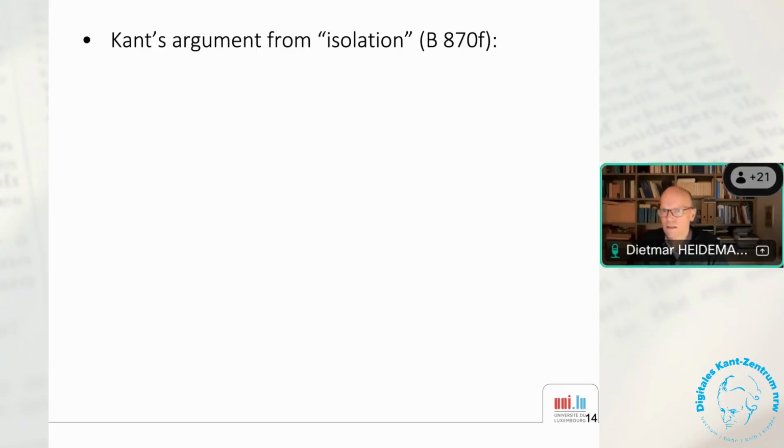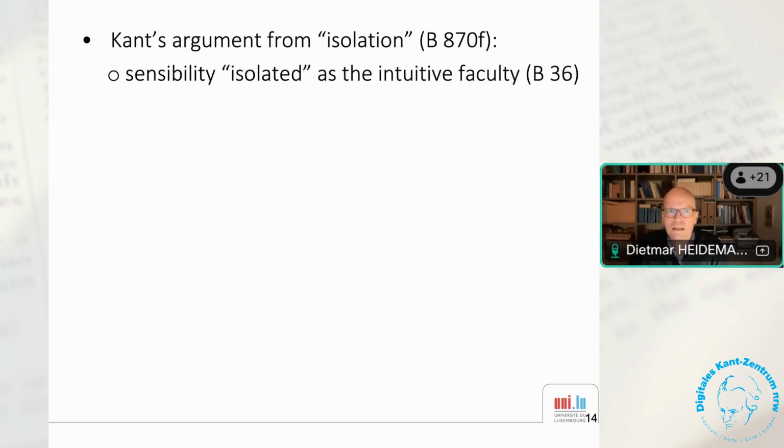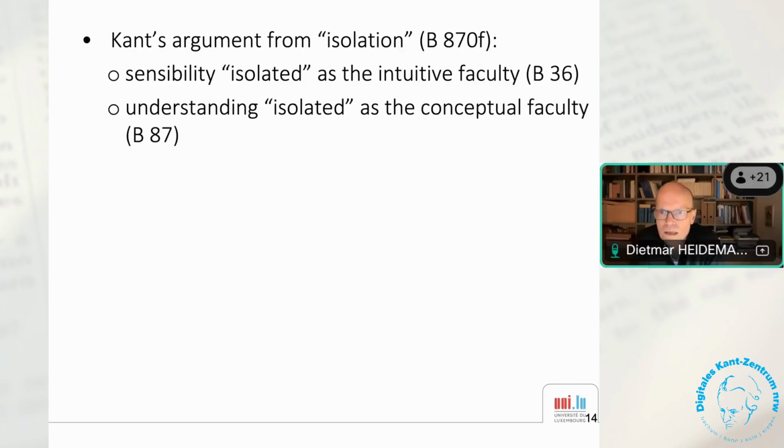There's a threefold isolation, as I've already mentioned, in the Critique of Pure Reason. The first one is the isolation of sensibility in the transcendental aesthetic, B36. Sensibility is isolated there, Kant says, as the intuitive faculty. The next isolation takes place in the transcendental analytic. Kant says the understanding is here isolated as the conceptual faculty, B87. And there is a third isolation to come in the transcendental dialectic.